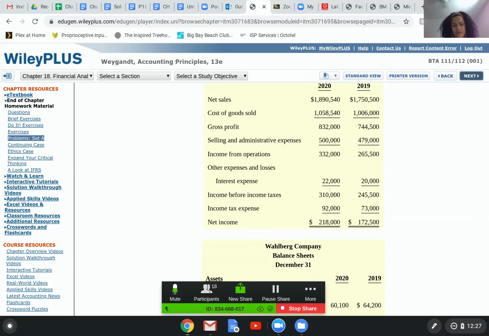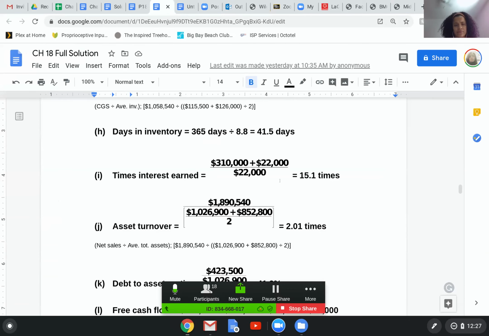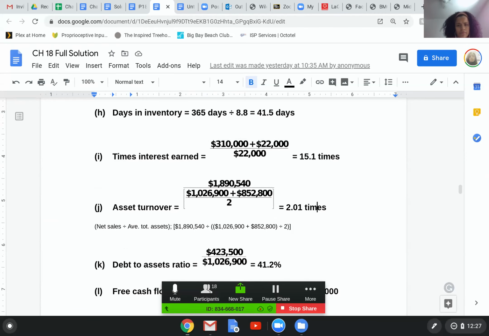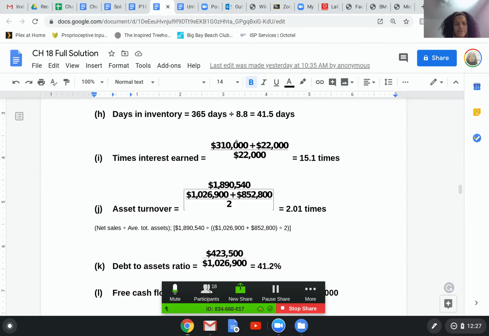Income before income taxes is 310,002, and they add the interest expense. That's how they get to the top number, and the bottom number is the interest expense. So 15.1 times means the company can pay its interest expense 15 times over with the income before income tax and before interest.